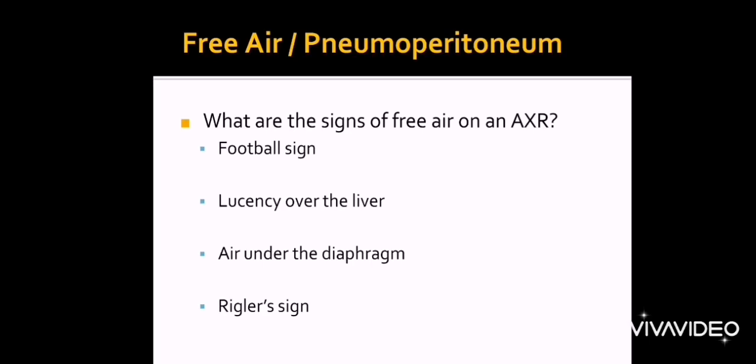These are the signs of free air on an abdominal X-ray, and this is what you may hear people refer to it as: there's a football sign, lucency over the liver, air under the diaphragm, and the Rigler's sign. We're going to cover each of these today and show you some examples.